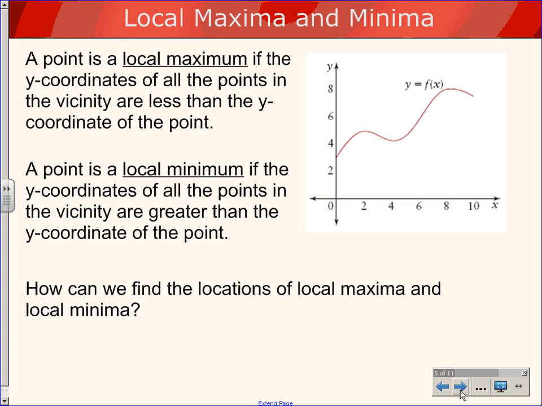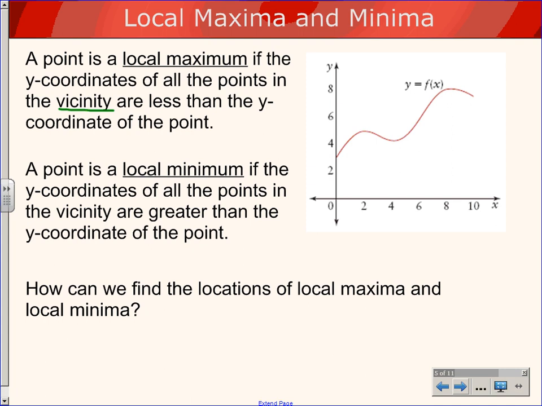Now, when we talk about maxes and mins, this is kind of a tricky idea. It's kind of a cool idea, actually. We have to compare this idea of a local max and a local min. There's a difference between a local max and an absolute maximum. A point is a local maximum if the y-coordinates of all points in the vicinity, and vicinity is a tricky little word from a math perspective, are less than the y-coordinate of the point.